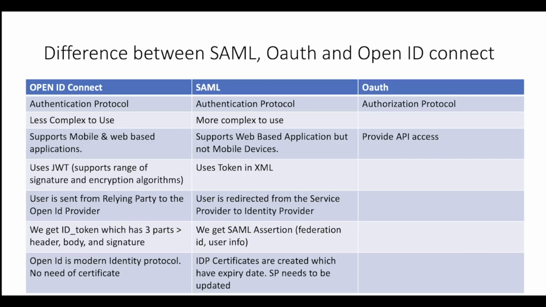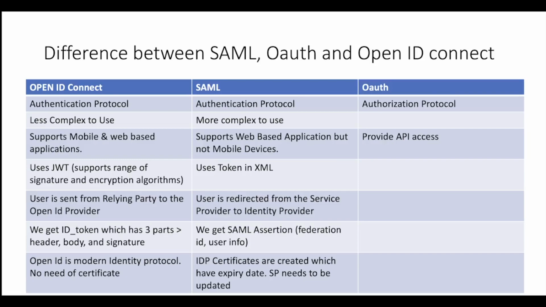In SAML, there are two types of flows. Either you directly go to the identity provider, and from there you go to the relying party or service provider, or there is another flow, known as the service provider initiated flow, where you go to the service provider and then to the identity provider.